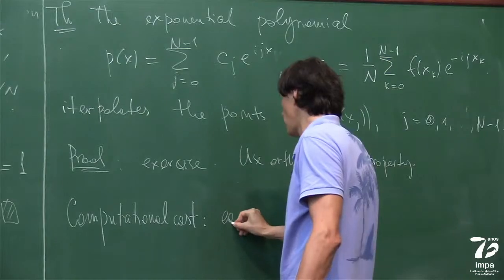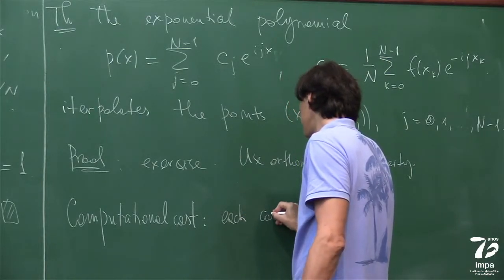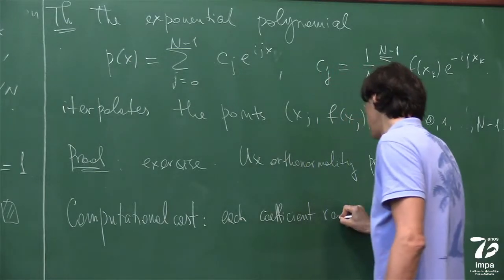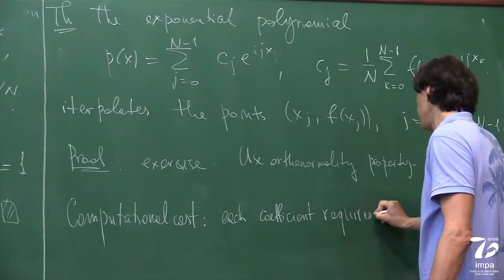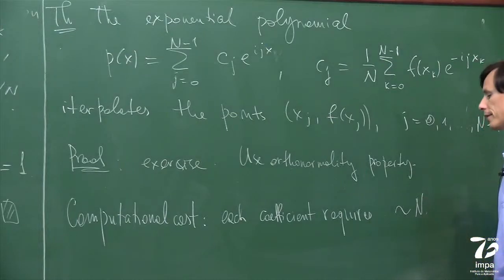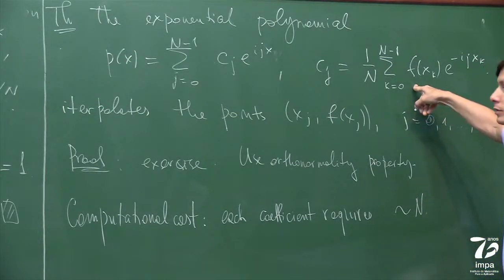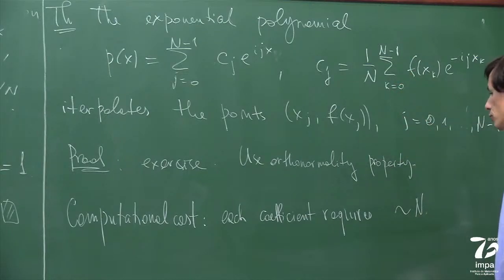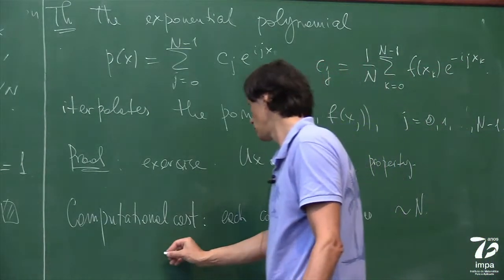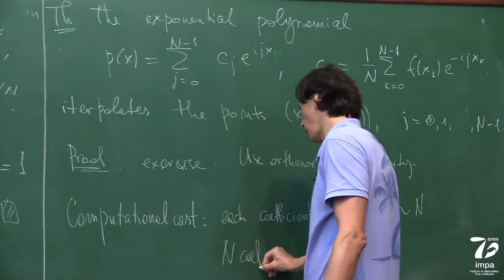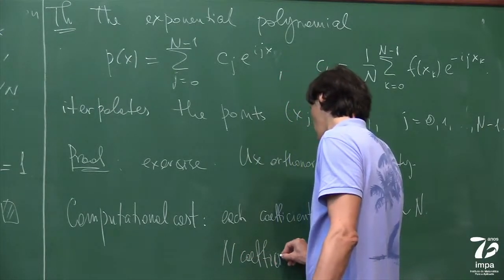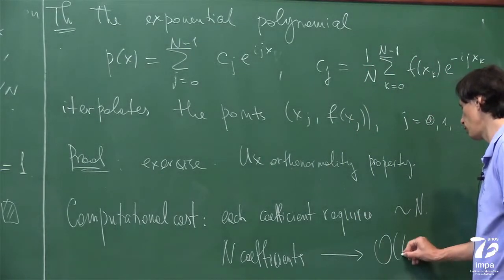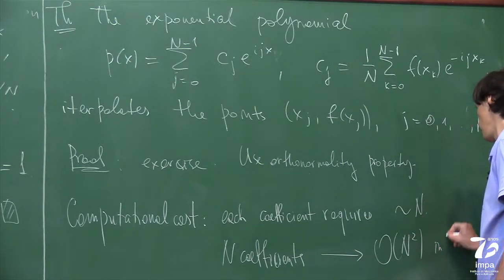So each coefficient requires order n operations. It's the same thing, but repeated n times. So you have order n operations to do, and there are n coefficients, which means that the cost is order n squared in total.